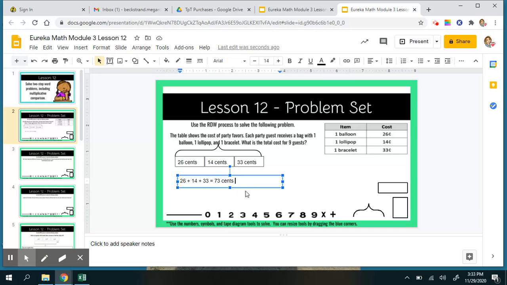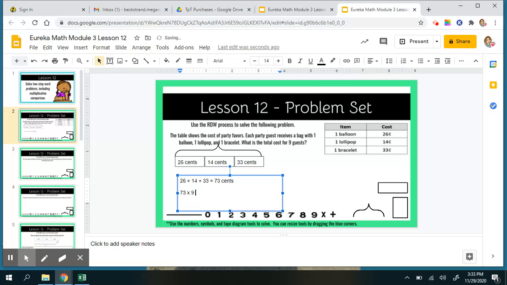So we're going to have to take 73 and multiply it by 9. Because if we know that each of our bags costs 73 cents, then we're going to take 73 and multiply that by 9.